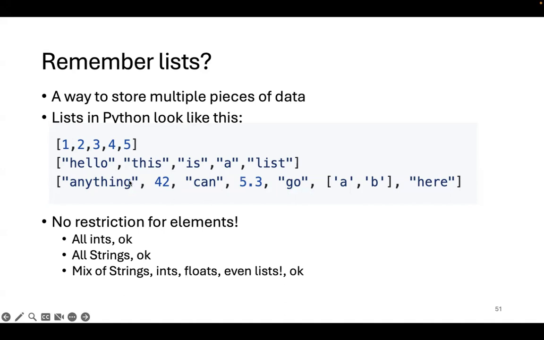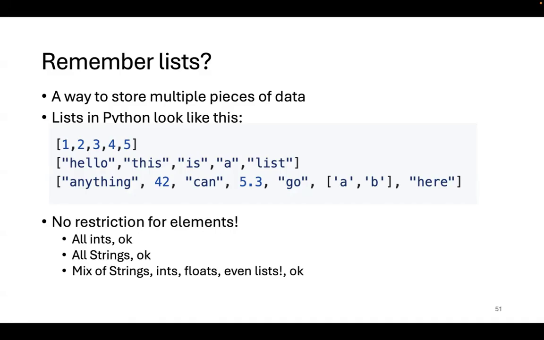We can have a string next to an integer, next to a string, next to a decimal, and then we can have a list itself inside there, a list of single characters. So in Python, there were no restrictions for what kind of elements can go in a list.